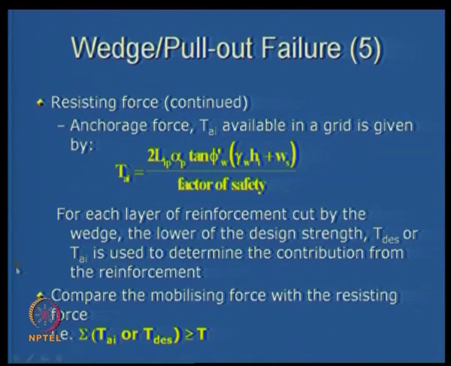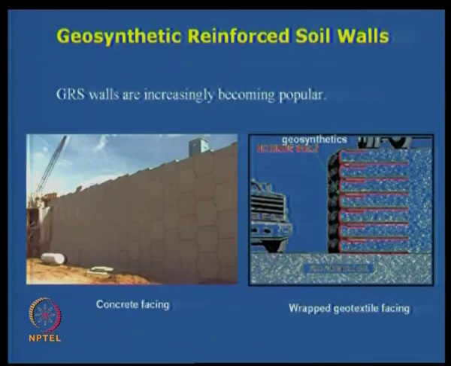So, what we try to see is that the sum of all the forces should be more than or equal to the total tension mobilized. The total tension is nothing but the total tensile force required for the wedge stability. We will see that in an example and you will get much more clarity on that.